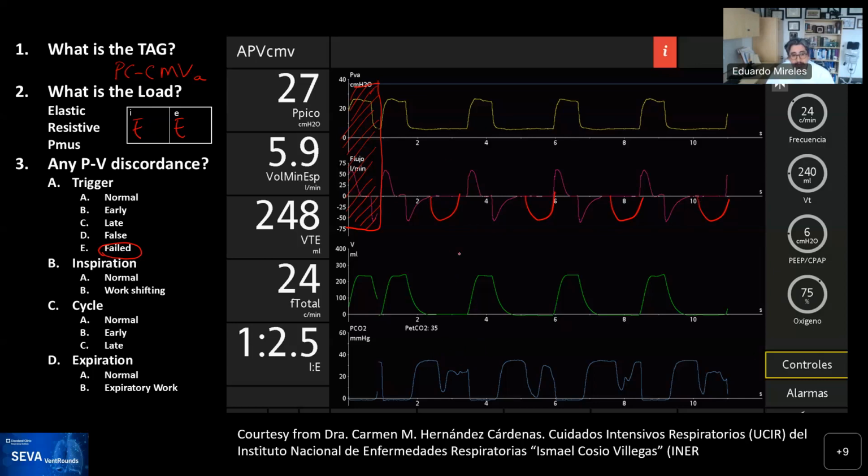But you can see clearly down here that there was evidence of Pmus in this patient during inspiration, and that is clinically relevant. Ineffective failed triggers are associated with prolonged mechanical ventilation, so that's not a good thing to have.